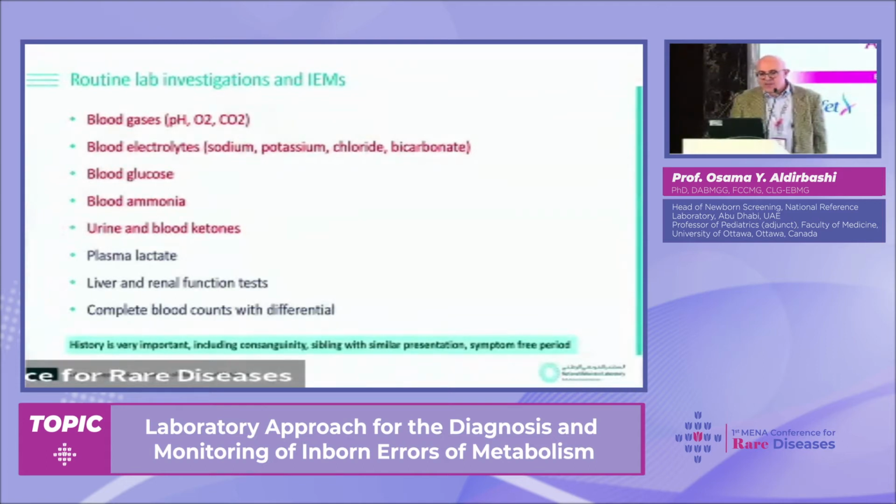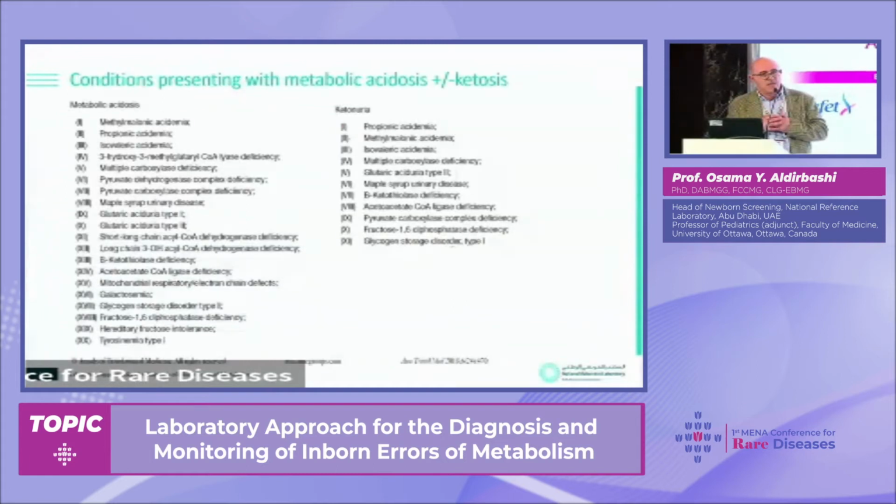So if a patient is thought to be, this is a busy slide and I'm not going to go through any of the names in this, but I just want to show you the complexity and the overlap between the various groups and individual disorders that can be presenting, for example, with metabolic acidosis and ketosis.